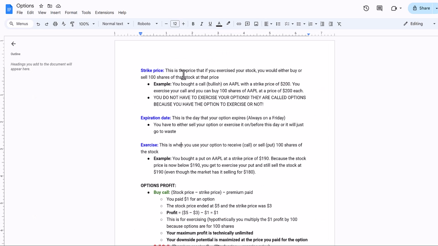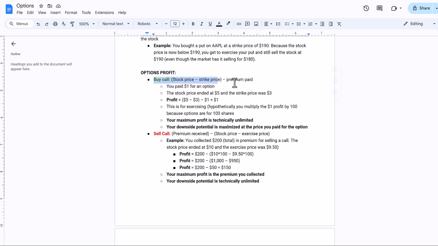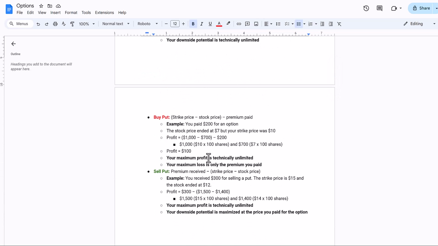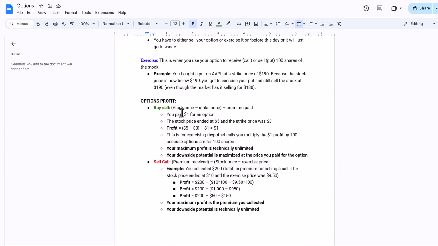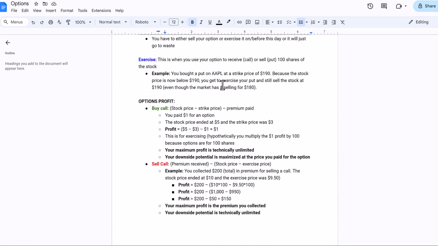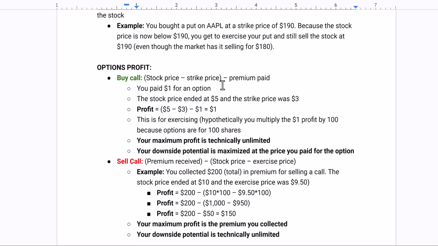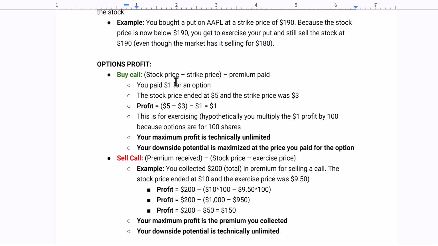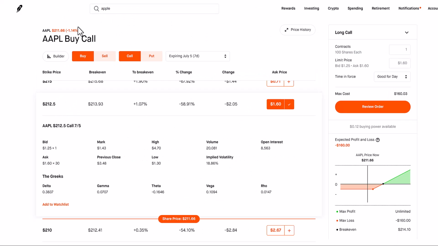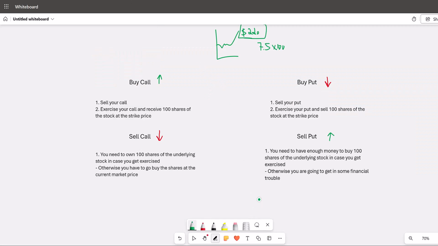So let me go ahead and teach you a little bit more. There's different profits because you can buy a call, sell a call, you can buy a put and sell a put. So with the profit on buying a call, the formula is the stock price minus the strike price minus the premium paid. So in the example I gave you, let's say the stock went to $220.